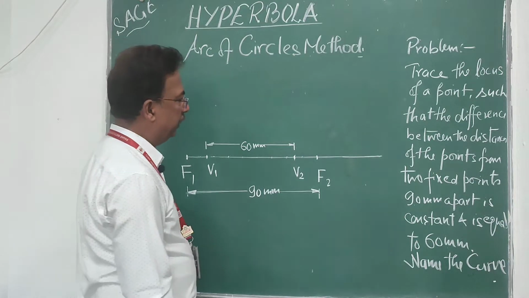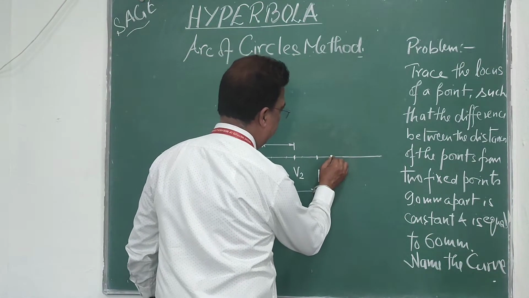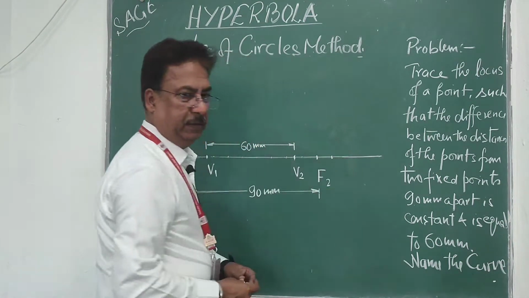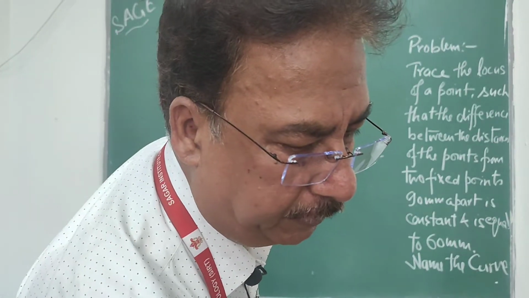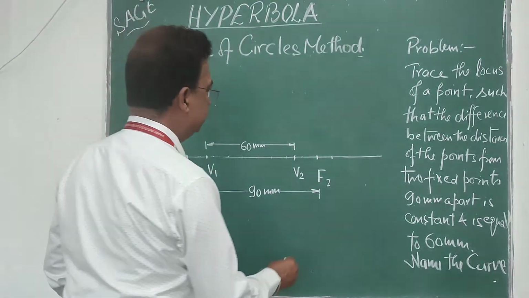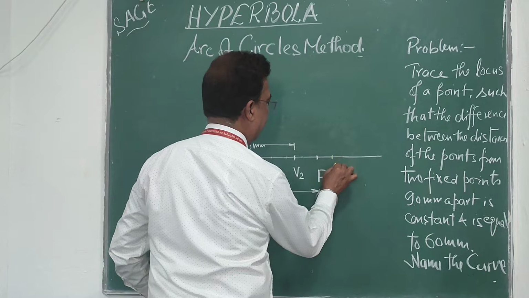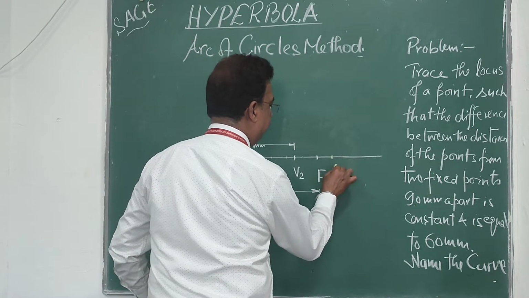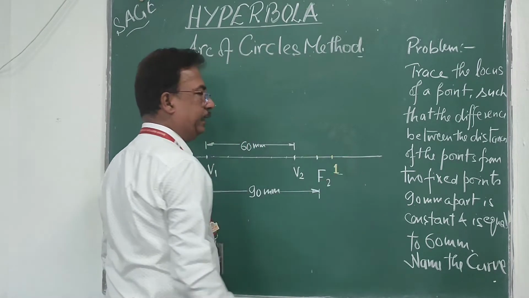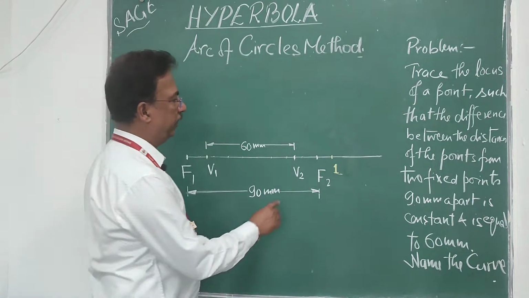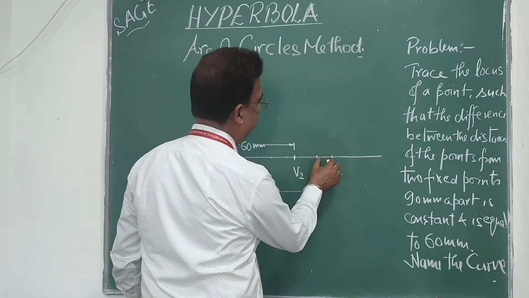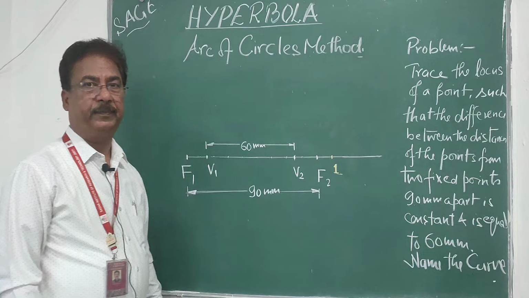For that I will start by marking a point. Suppose I mark a point 1 on this line away from F2. I can take it at any distance, but suppose I have taken this distance as 10 mm.